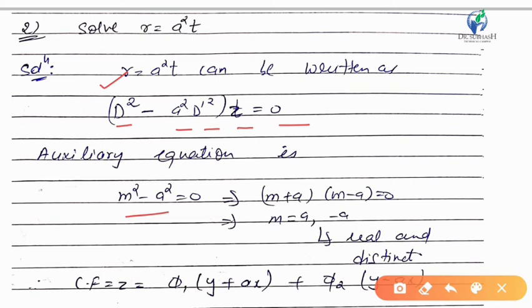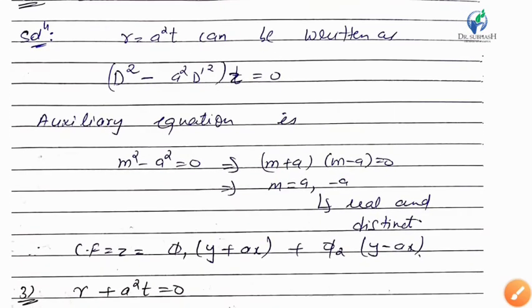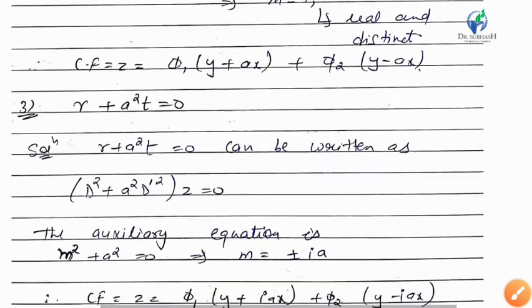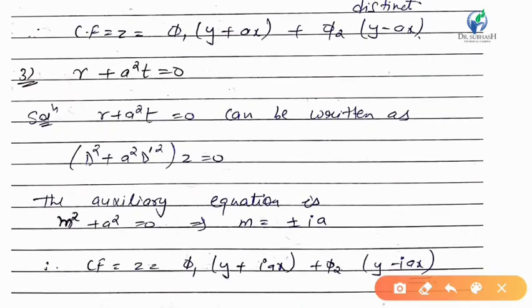According to the formula a square minus b square, I will have a plus b, a minus b equal to 0. So m will be equal to a and minus a. The roots are real and distinct. So CF, that is z, equal to phi 1 y plus ax plus phi 2 y minus ax. This is case 1.